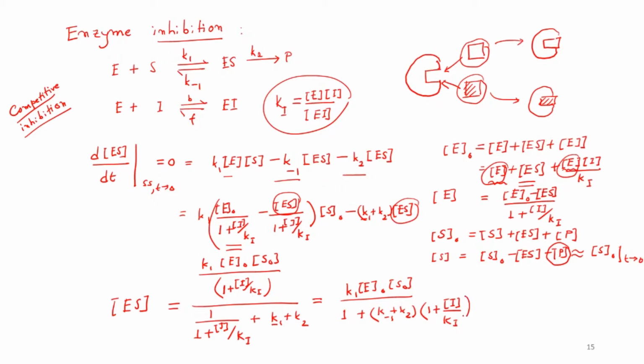And then we can further divide everything by K1 into E0 as we did earlier, in the numerator and the denominator.